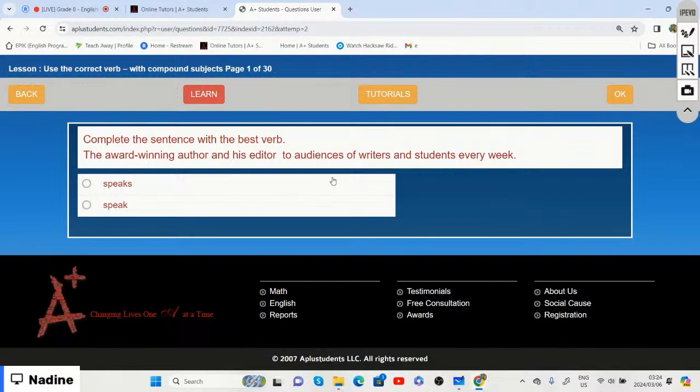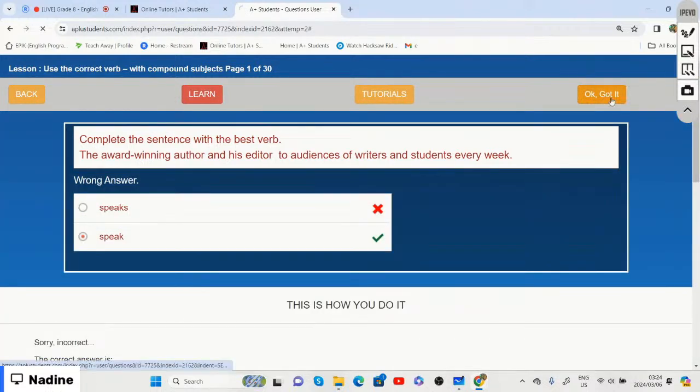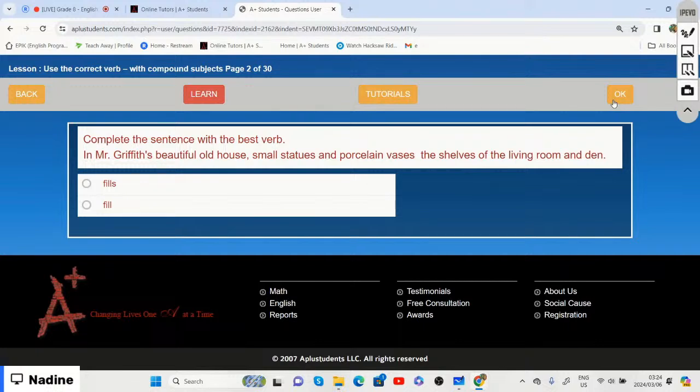All right, we need to complete the sentence with the best verb. Let's say speak. So it's speak, because we already have a plural subject.